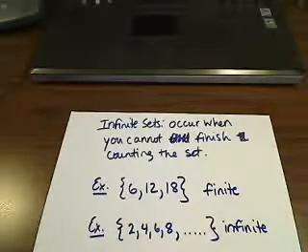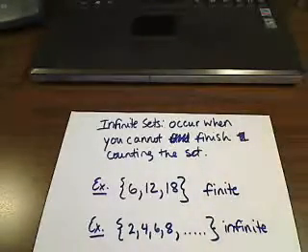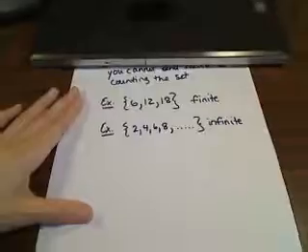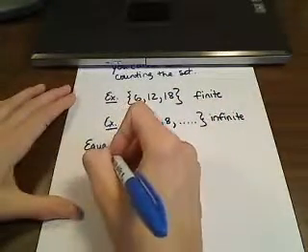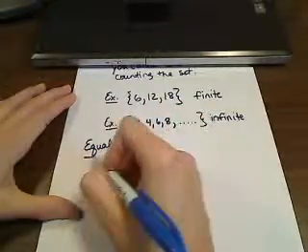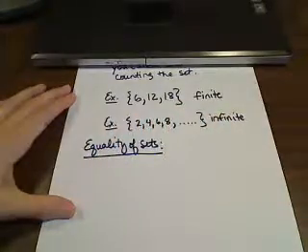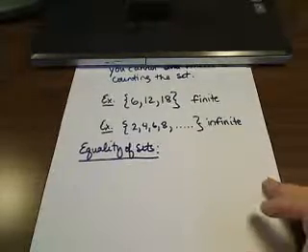All right. And the last concept here is the concept of equality. So we need to understand, when we're talking about equality, that the word equal and the word equivalent mean different things when we're talking about sets.